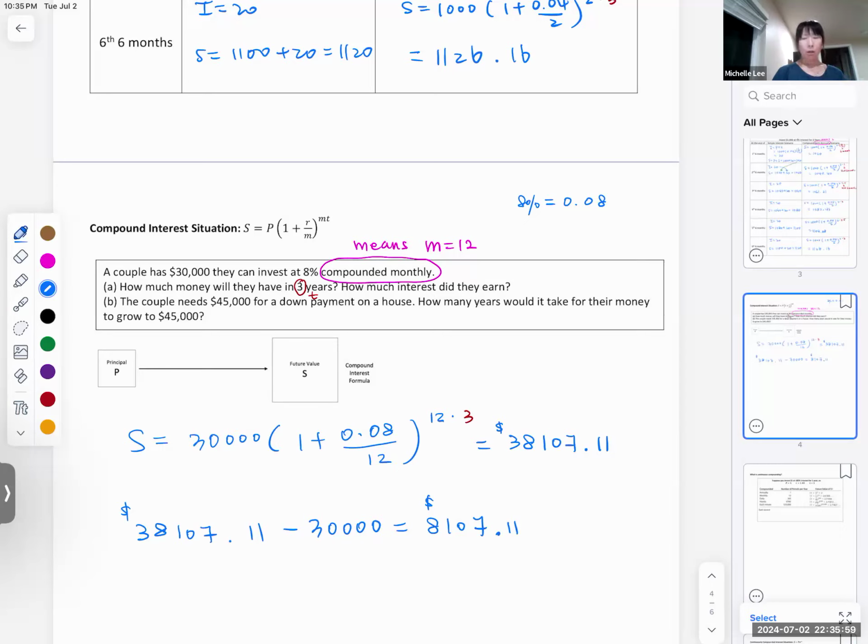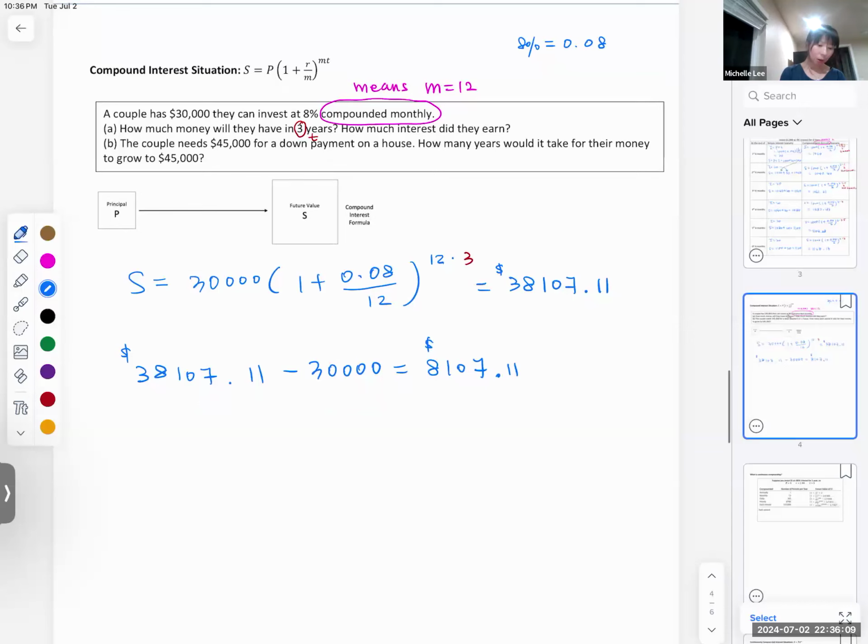So we set $45,000 on the other side, then we calculate for T. So 45,000 equals 30,000 times 1 plus 0.08 over 12, to the power 12T.